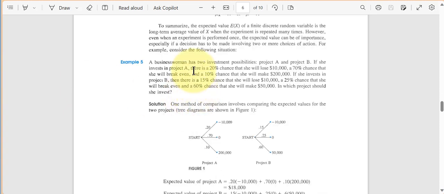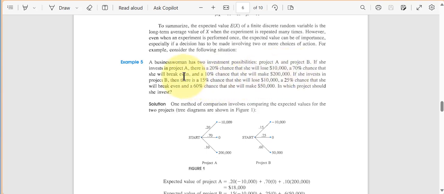A businesswoman has 2 investment possibilities, Project A and Project B. So she can invest in 2 different projects. If she invests in A, there's a 20% chance that she will lose $10,000, a 70% chance that she will break even.